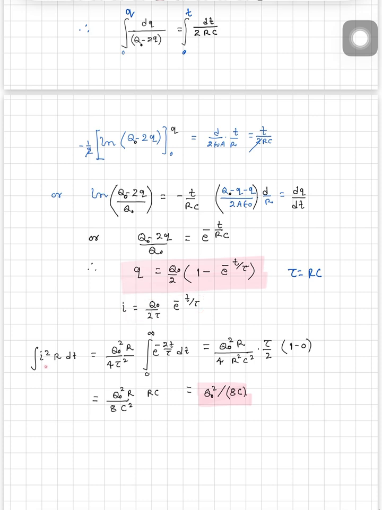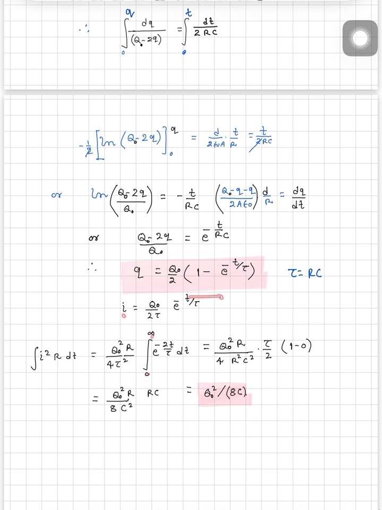To get the heat loss, we will use the concept that I squared R is the rate of dissipation of heat. So in time dt, this much heat will be dissipated, and we integrate this to get total heat dissipation, and we place I as this one, we will get this expression, and the time limit will be 0 to infinity because I will be 0 at t equal to infinity.